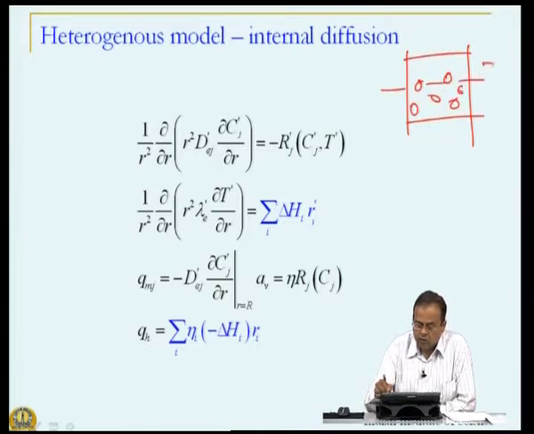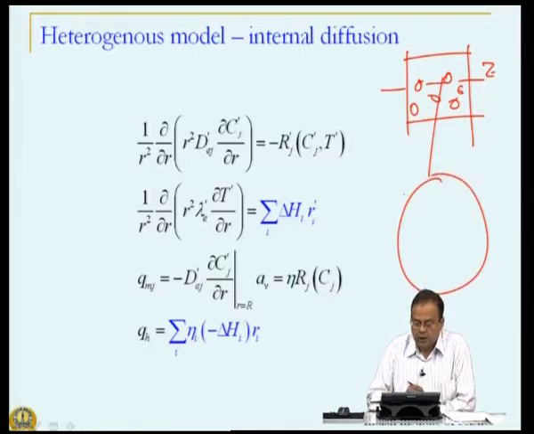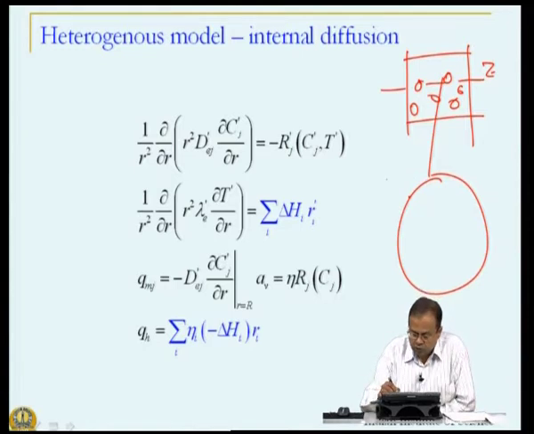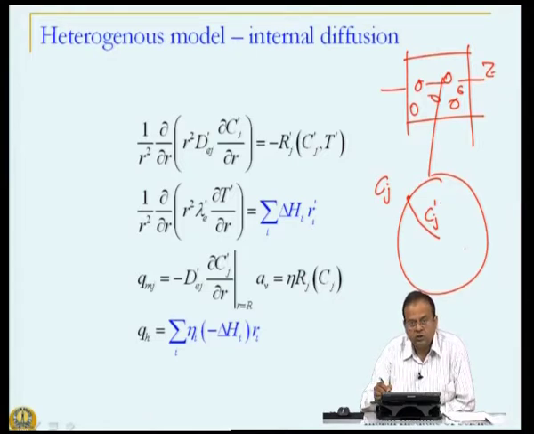Let us say we are looking at some cross section, this particular particle over here, and now what we are saying is that for this particle, let us say we do not have external diffusion, but only internal diffusion. So, let us say that Cj is my concentration over here, the concentration is going to decrease continuously. So, let us say Cj prime is the concentration inside. Same is the case with my temperature T and T prime.